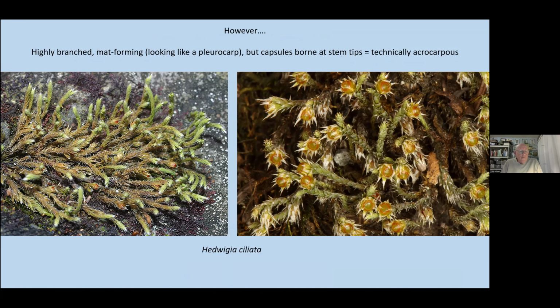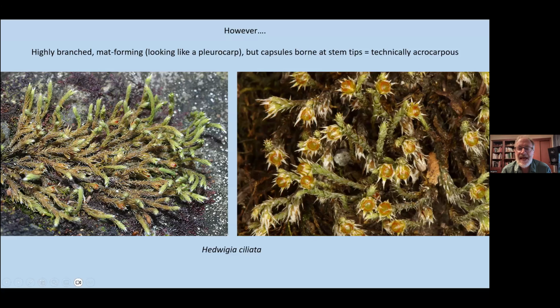However, if one were to write an identification manual to mosses and include this species of Hedwigia, one would be clever to put it in both sides of the key, both acrocarpous and pleurocarpous, because people confuse that. That's my brief disquisition on acrocarpous and pleurocarpous.